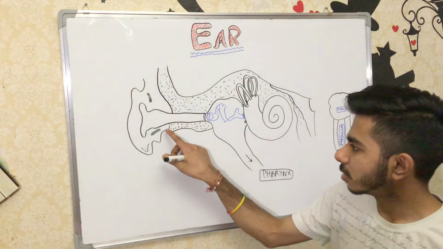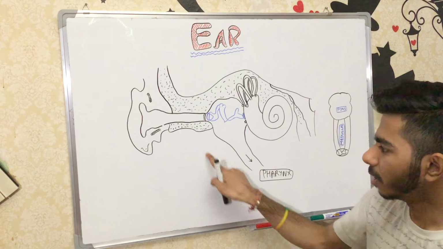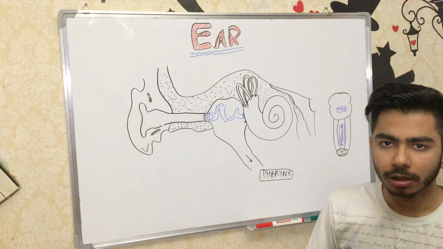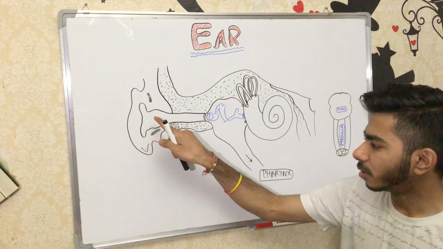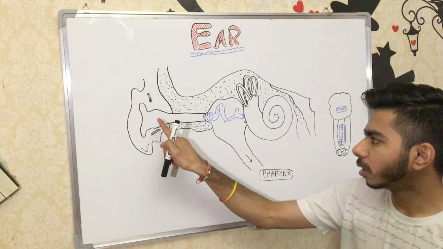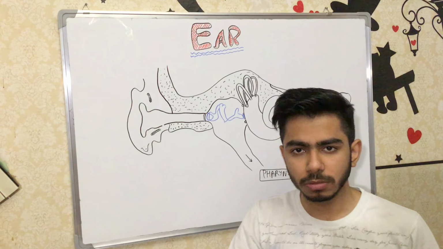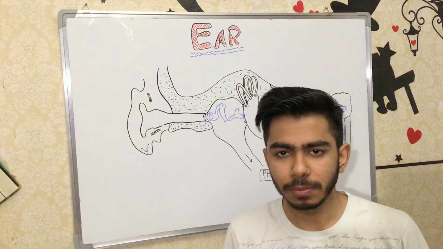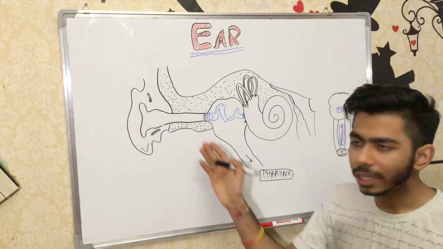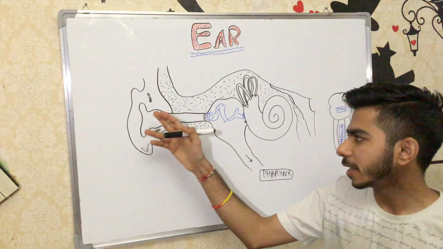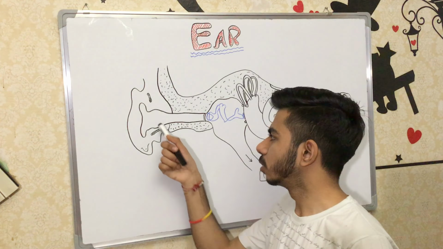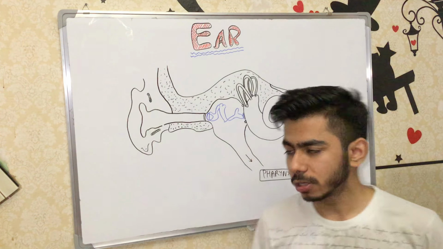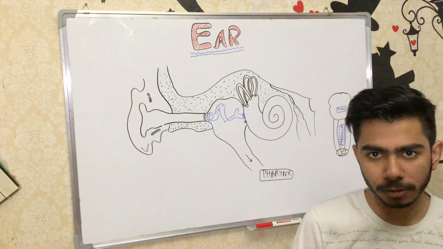Further, they have some differences over here. For example, here is our parotid gland. Any infection can pass from the external acoustic meatus to the parotid gland and can cause parotiditis, for example inflammation of the parotid gland, and vice versa. From the parotid gland, it can also travel up to the cartilaginous part of the external acoustic meatus.